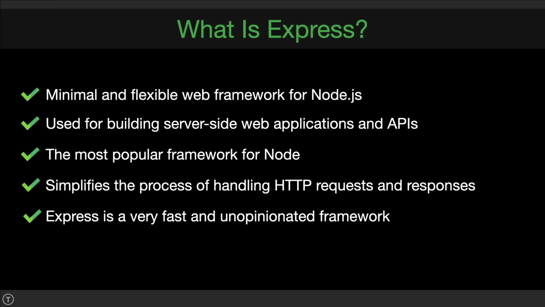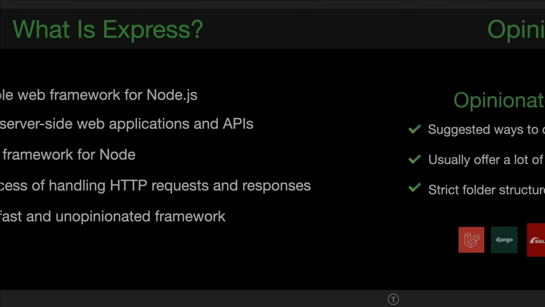If you watched my Node.js crash course, we started to build an API from scratch just using the HTTP module, and you saw how difficult and how low level it was. Well, Express gives us a ton of tools to work with to make building APIs and just working with HTTP much easier.